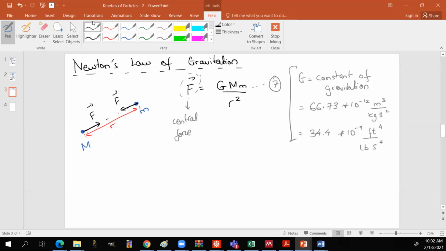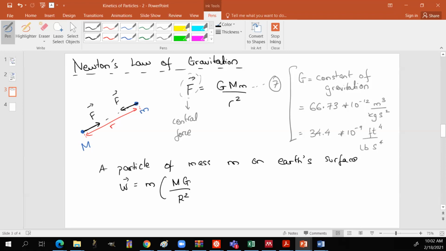So if you are a particle of mass m on Earth's surface, the weight is equal to the mass of the particle, small m, times the mass of the Earth times the gravitational constant divided by the radius of the Earth squared. So this is your constant g, the gravity, which we keep talking about.